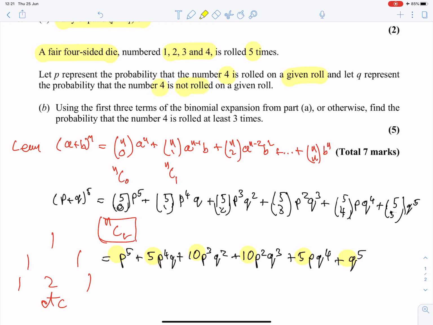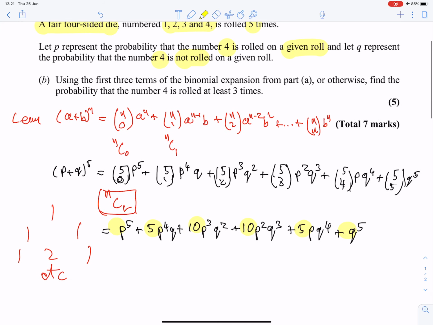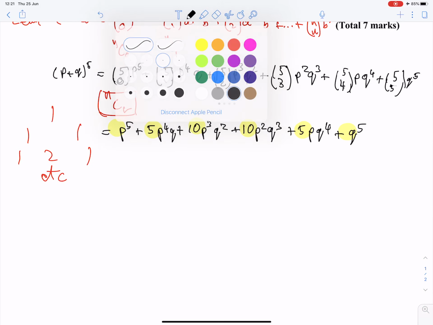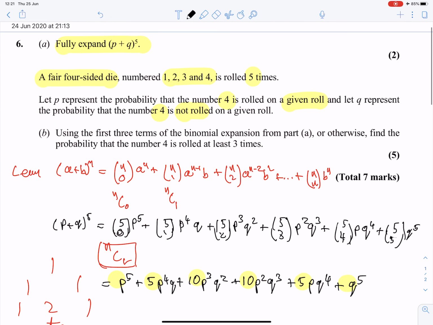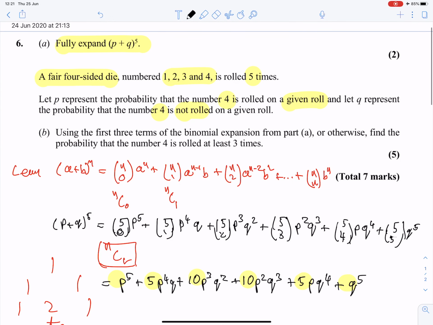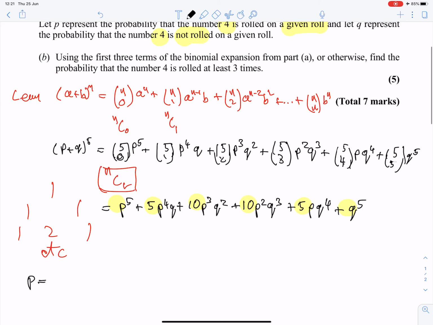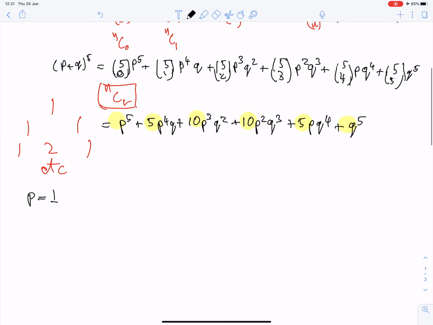So P, the probability of a 4 being rolled, must be a quarter, and Q, the probability of a 4 not being rolled, is 3/4.